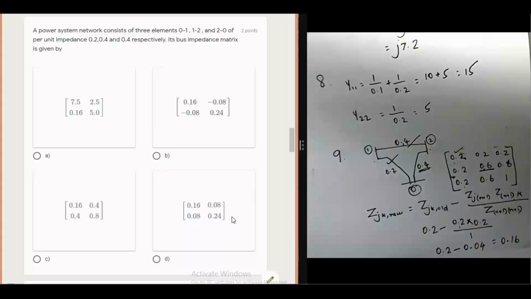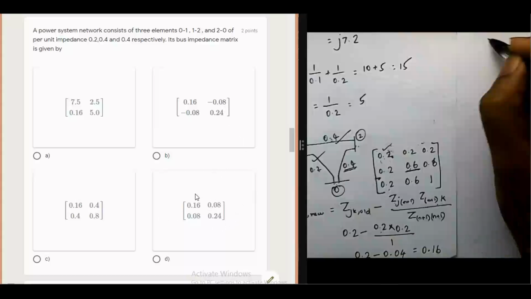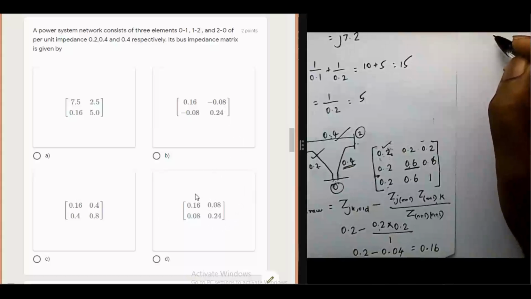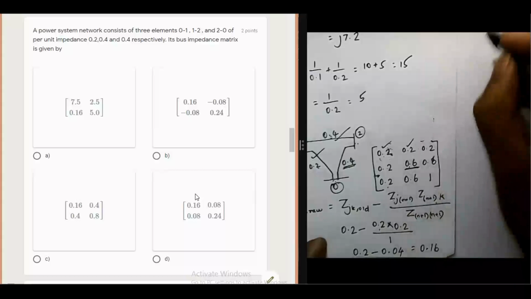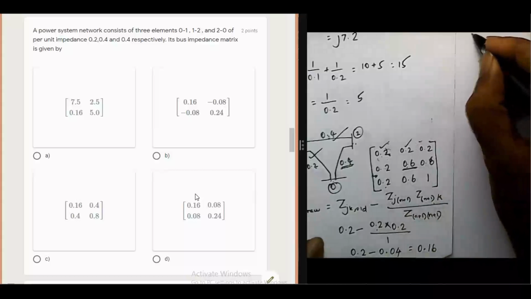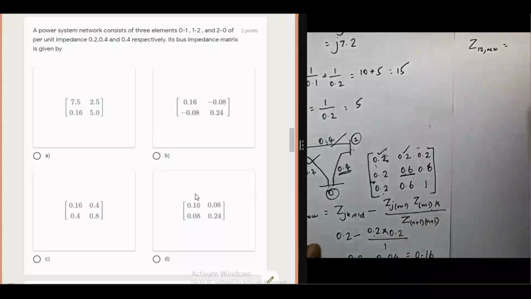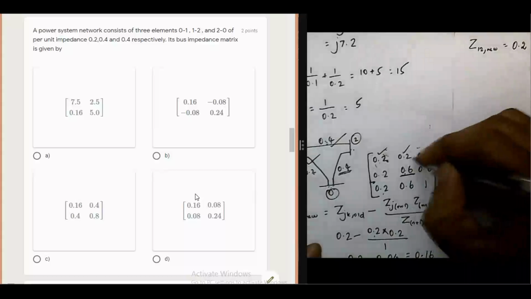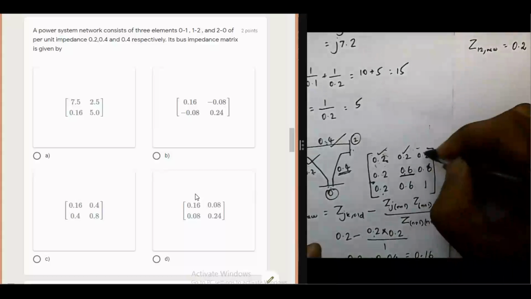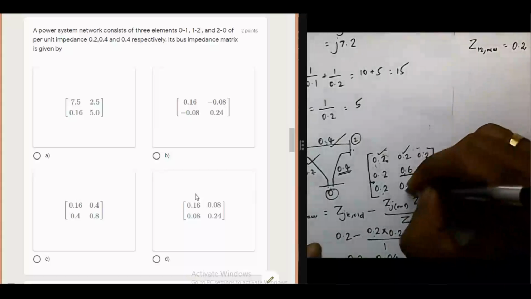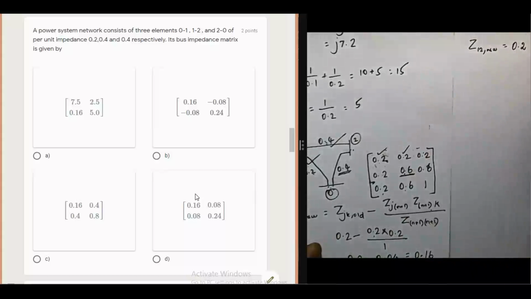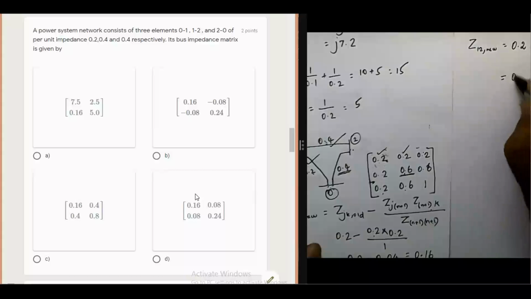Also I am going to calculate another reduced value, Z12 new. Z12 new is equal to 0.2 minus 0.2 into 0.6 divided by 1, that is 0.2 minus 0.12.